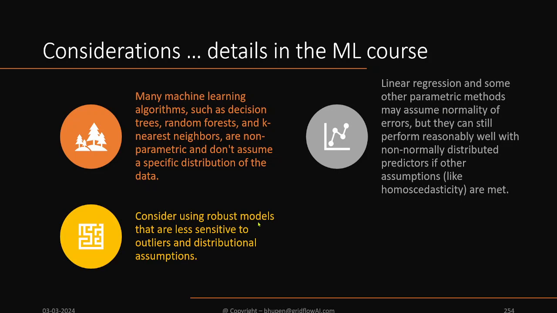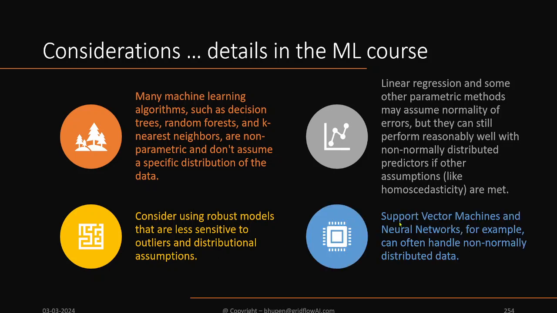So consider robust models. We should choose machine learning models which are robust and less sensitive to outliers and some of the distributional assumptions. Examples like support vector machines or neural nets, they can handle non-normality in the data as well.